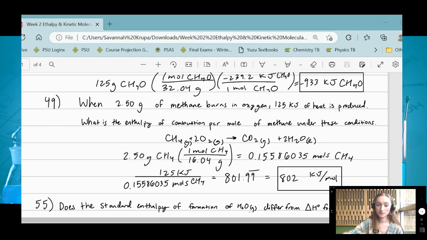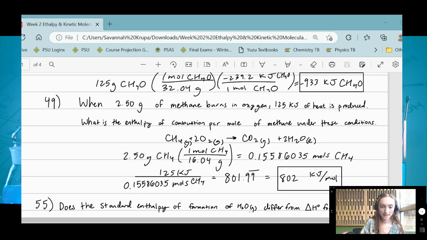So that is how many moles we're working with, and because it produces 125 kilojoules of heat, all we need to do is divide it, because the question was, what is the enthalpy of combustion per mole? So it's just energy per mole, same thing as the first problem I believe we worked on. So we have 125 kilojoules to start with, divided by how many moles we have.